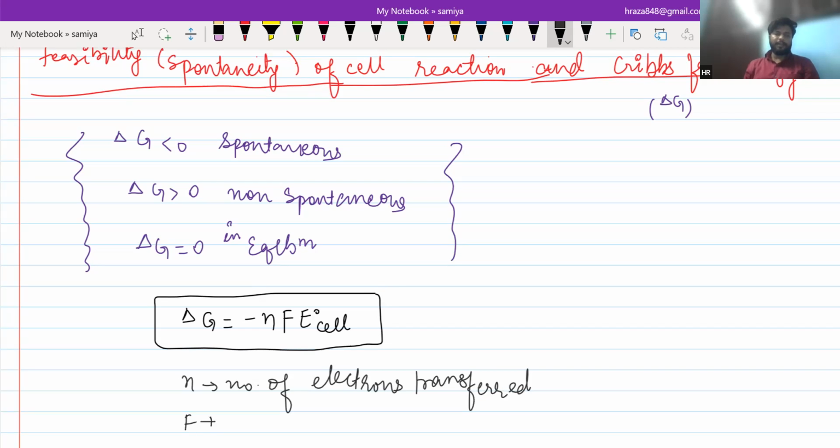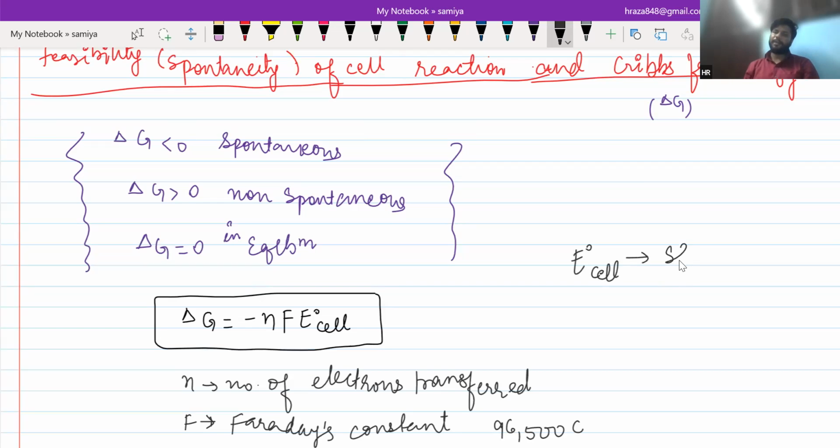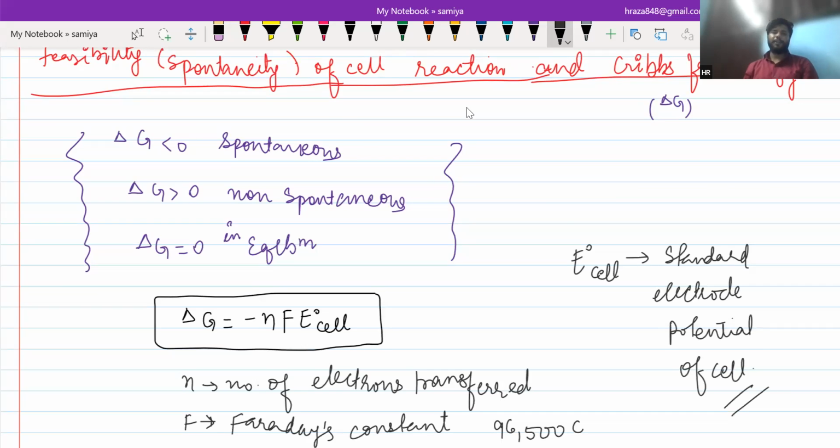F is Faraday's constant, which has a value approximately equal to 96,500 coulomb. E naught cell is the standard electrode potential of the cell. Please write.